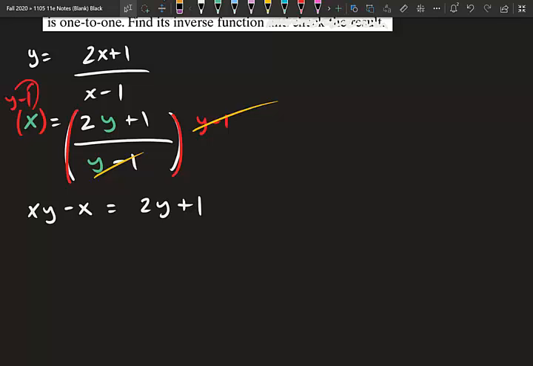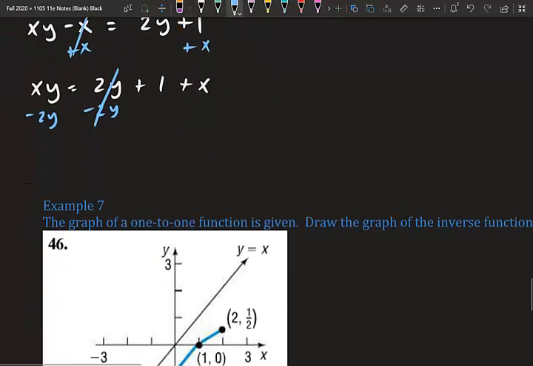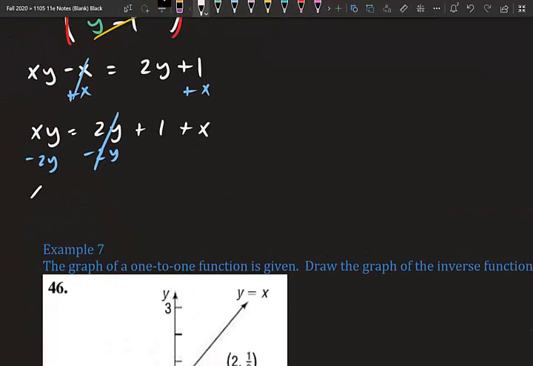That means everything with a y should be on one side and everything without a y should be on the other side. So I'm going to add x to both sides. And when we do, we have xy equals 2y plus 1 plus x. I'm going to subtract 2y from both sides because it has a y, so I want it on the left. So when we do that, we have xy minus 2y equals 1 plus x.